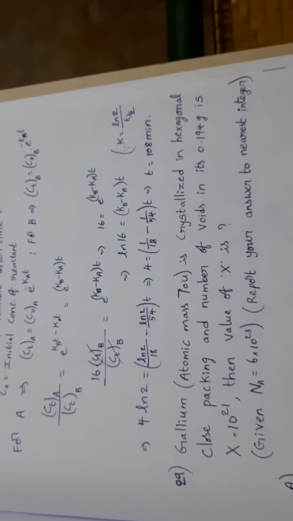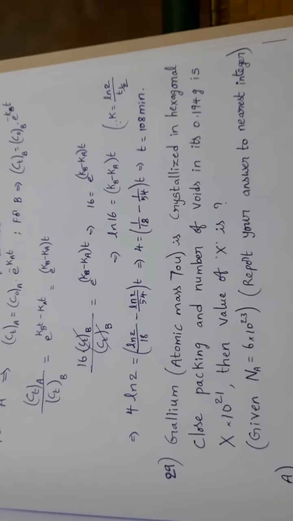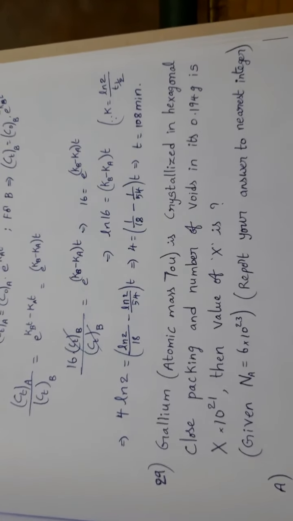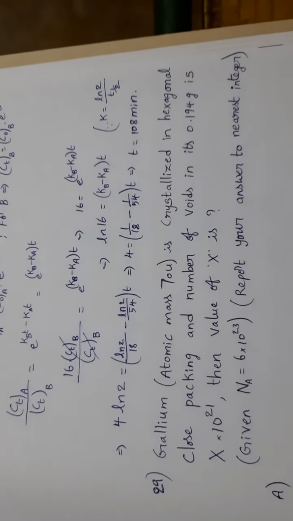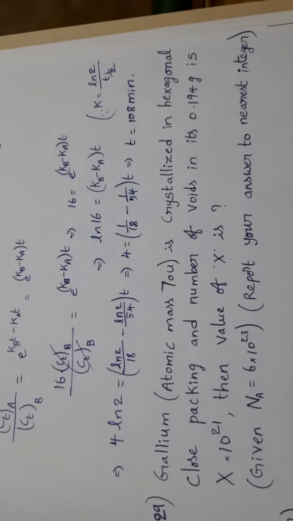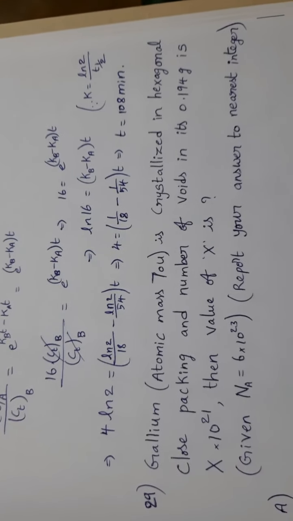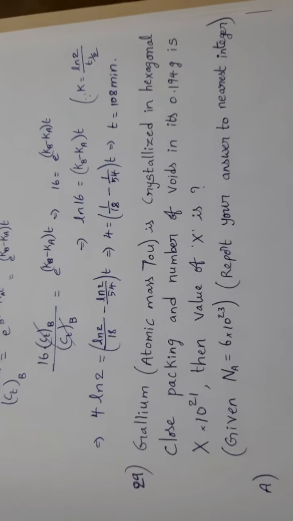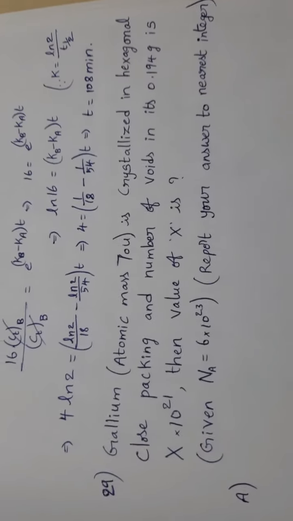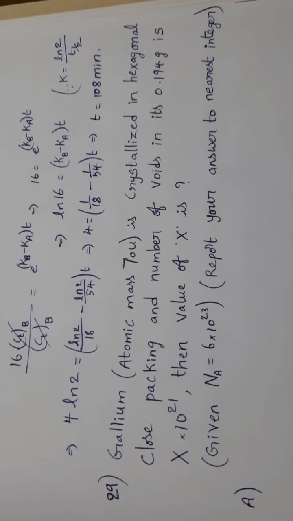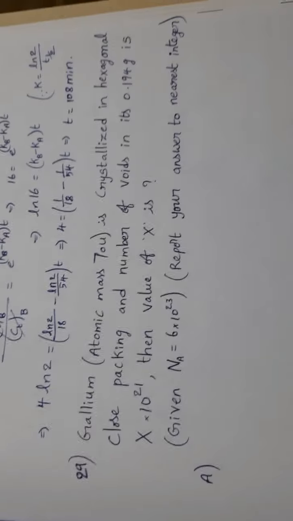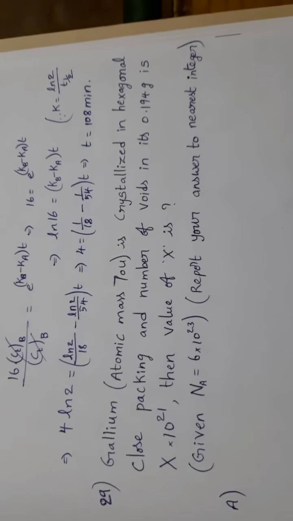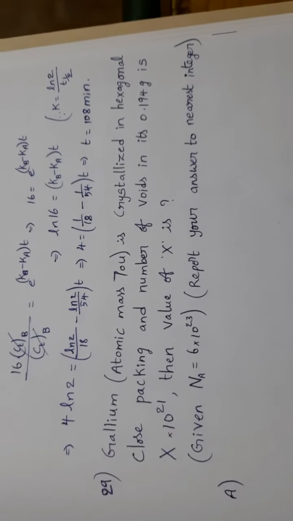Gallium, atomic mass 70 unified mass, is crystallized in hexagonal close packing, and the number of voids in its 0.194 grams is x into 10 power 21. Then the value of x is? Okay, Avogadro value is given, Na equal to 6 into 10 power 23. Now say this: hexagonal close packing means number of voids how many and number of atoms how many.